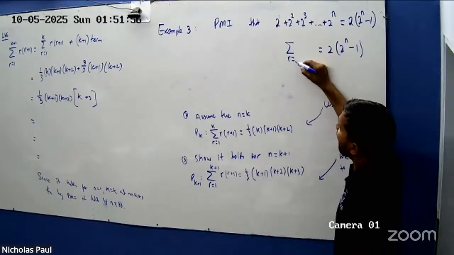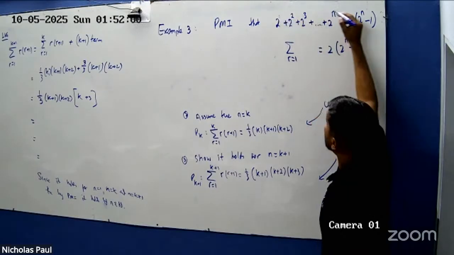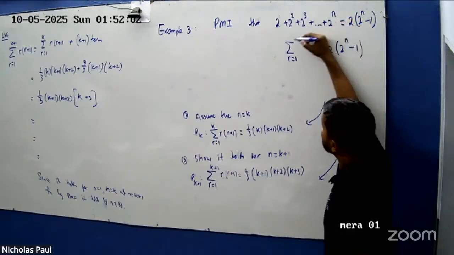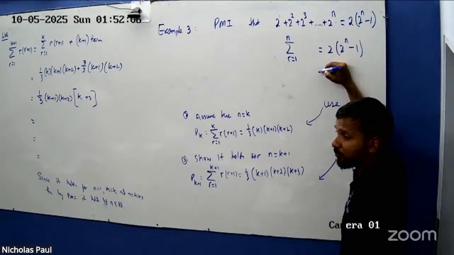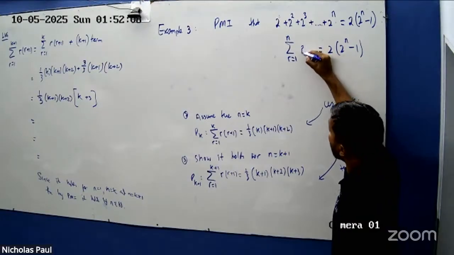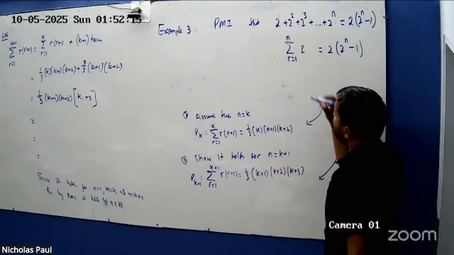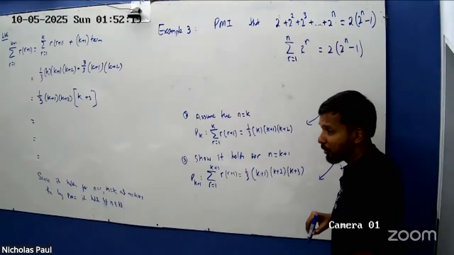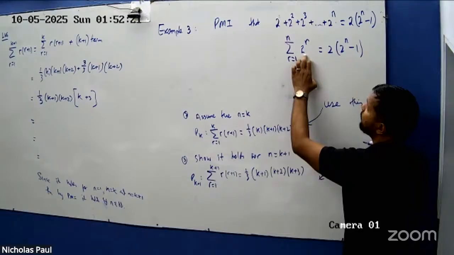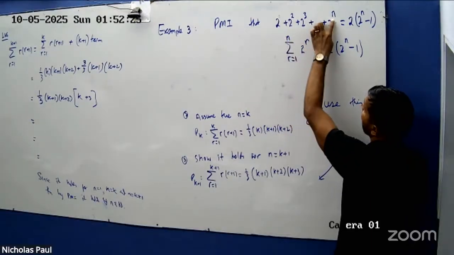R going from 1 to n. And what's the function? 2 to the power. Think about it. 2 to R is 1, 2 to something, right? So the function will be 2 to the power of R. Check and make sure. 2 to the 1, then it's 2, then 3, and then n.